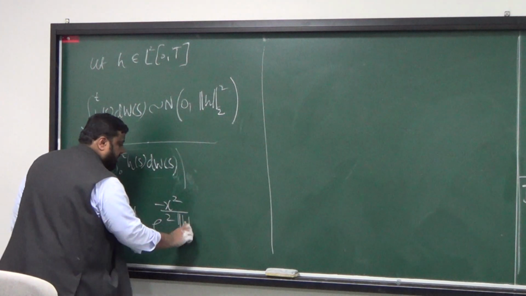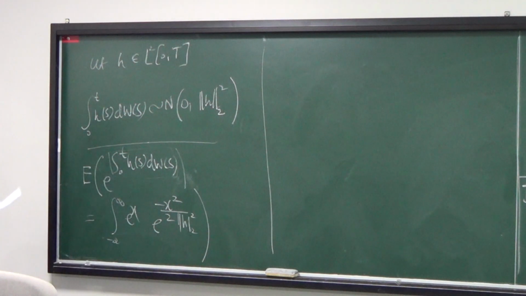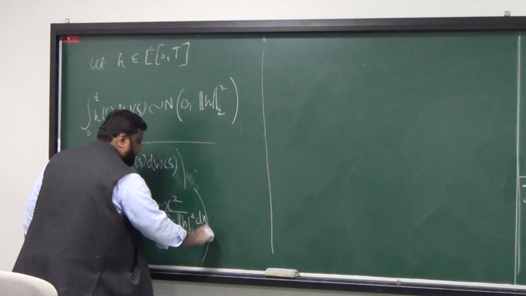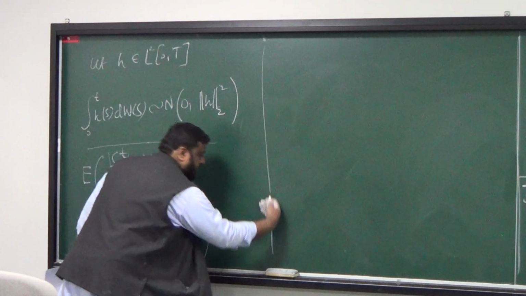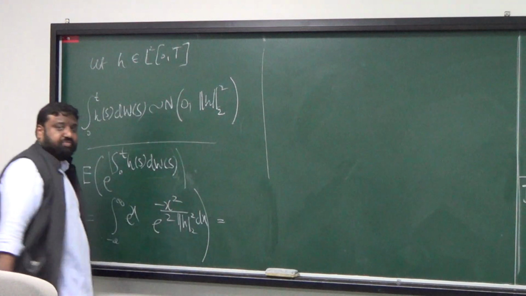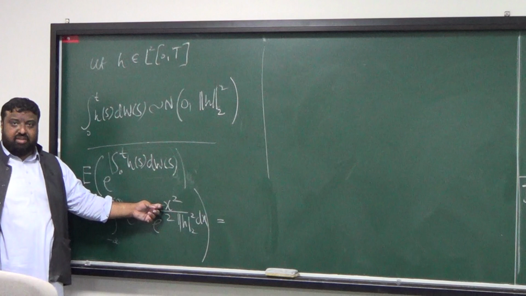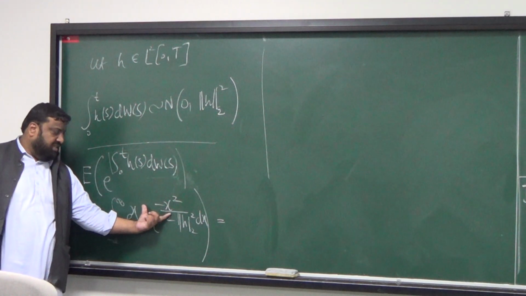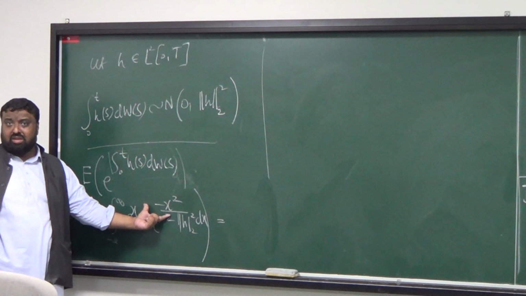Okay, H2 norm is square, dx. Okay? My claim is that you can solve this integral. So what you need to do? You need to add this power here, and then you need to turn this into, for example, a standard normal type integral.